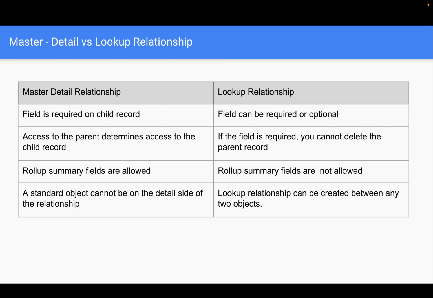Meaning that we all know that when we create a relationship between two objects, the relationship field is being created on the child object. So the field is required, and comparing to lookup relationship, it is not required. It's optional. Okay.